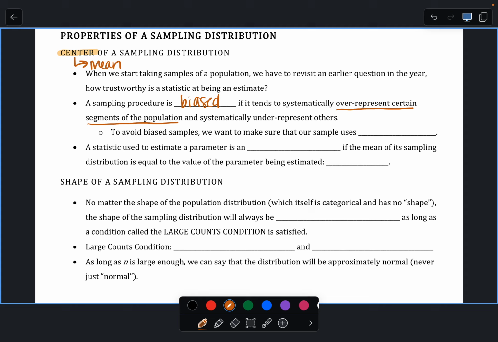So if I go out and take a convenience sample and ask the first 20 kids that walk in the door, how long does it take you to drive to school? I may have a biased sample, because maybe they got there earlier because their drive is longer, and so their parents have to drop them off earlier than they normally would. Because of that, it's not representative of all RHS students. And so to avoid biased samples, we want to make sure that our sample uses random selection.